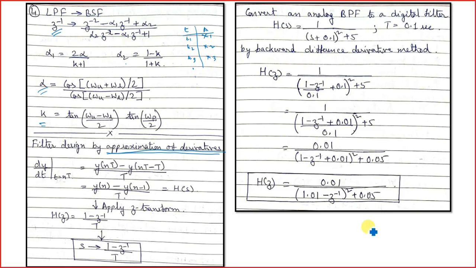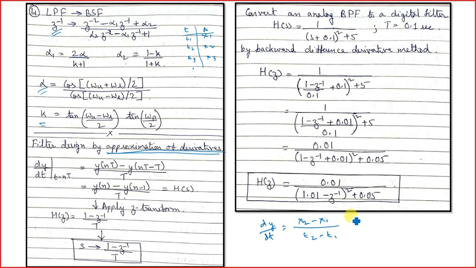When you talk about differentiation, say dy by dt, what do you do basically? It is basically x2 minus x1 divided by t2 minus t1, right?